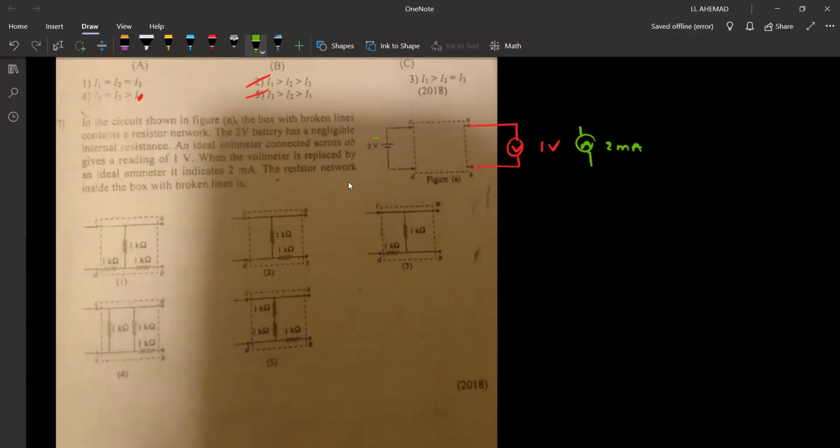If this is 2 volt, and this reads 1 volt, then this should be a 1:1 potential divider, right?